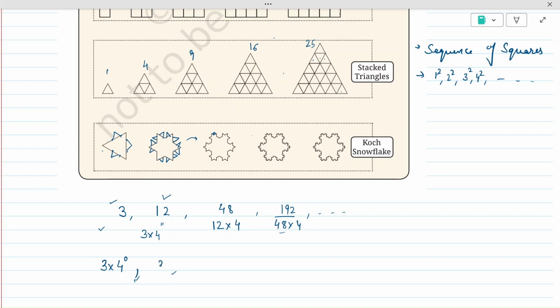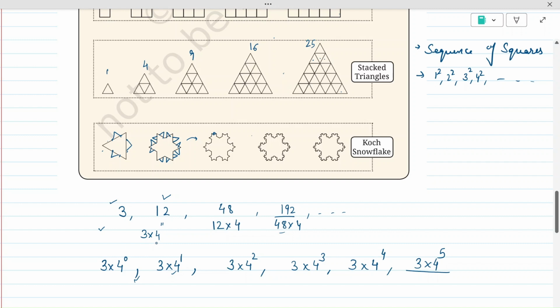For the second, 3 into 4 raised to the power 1. For the third, 3 into 4 raised to the power 2. Next one, 3 into 4 raised to the power 3. And for the last one shown here, 3 into 4 raised to the power 4. So the next which we will have to draw will be 3 into 4 raised to the power 5.